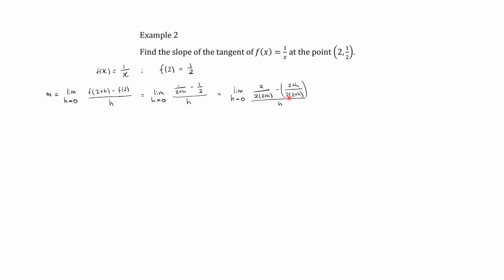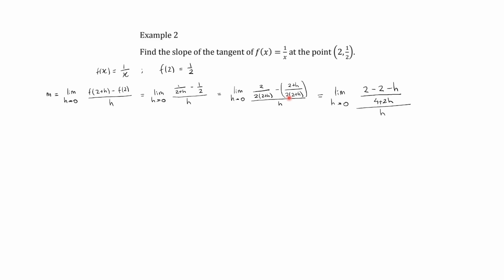All right, so let's expand and simplify over here. So still we are going to have the limit as h approaches 0 of 2 minus 2 minus h all over 2 times 2 plus h, which we can, of course, factor in as 4 plus 2h, or you can leave it as is, all over h.